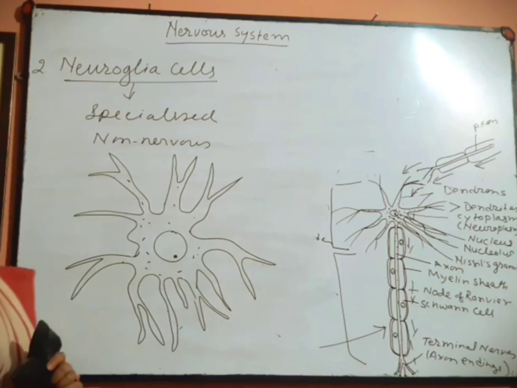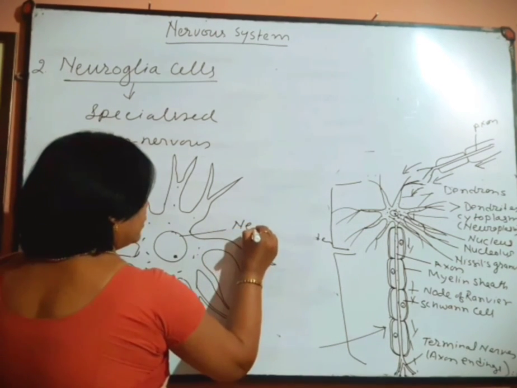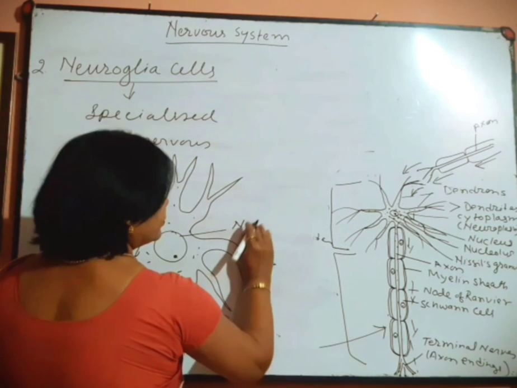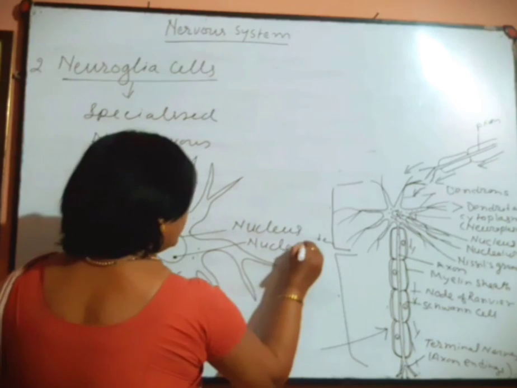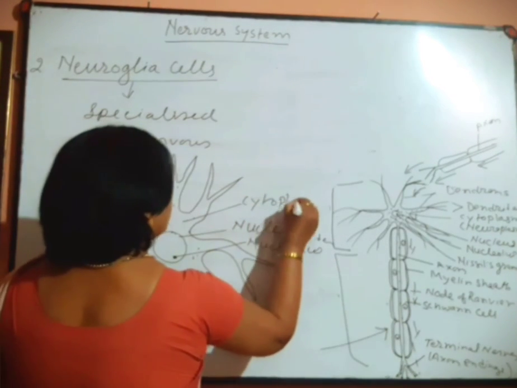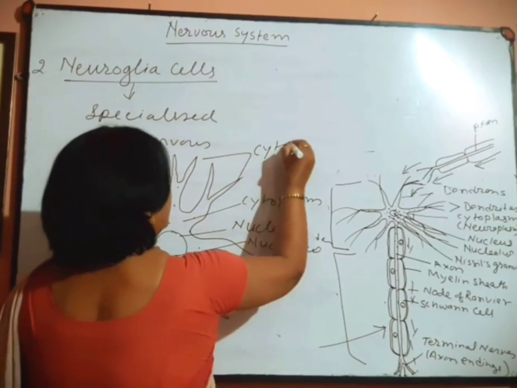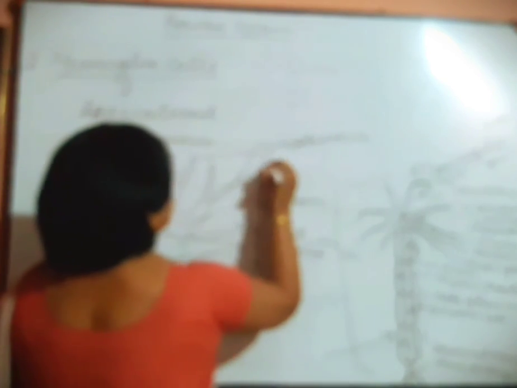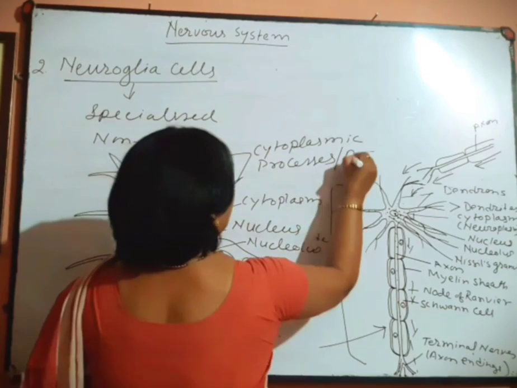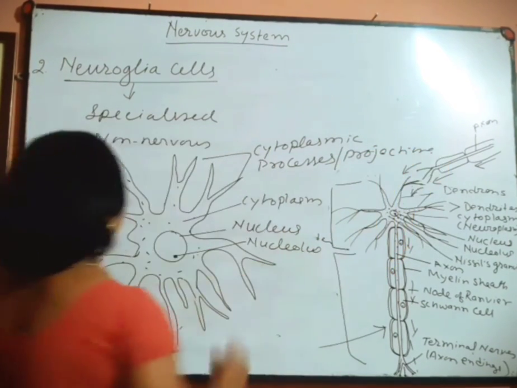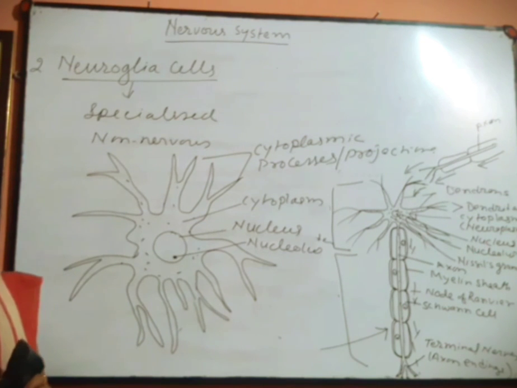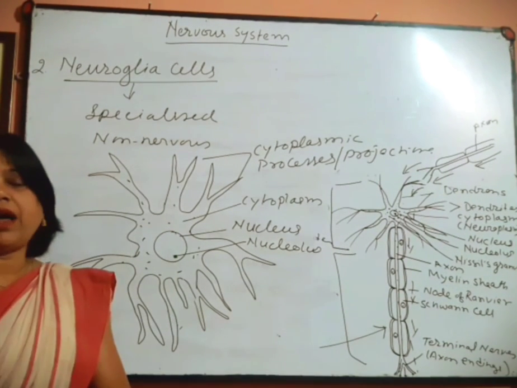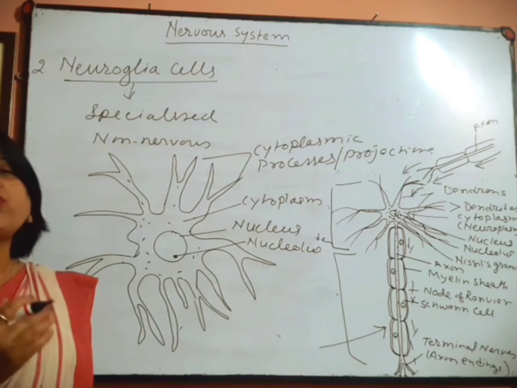This is the diagram of a neuroglia cell: nucleus, nucleolus, cytoplasm, and cytoplasmic processes or projections. The functions of these neuroglia cells: first, neuroglia cells bind the nervous tissue by filling the space between them.